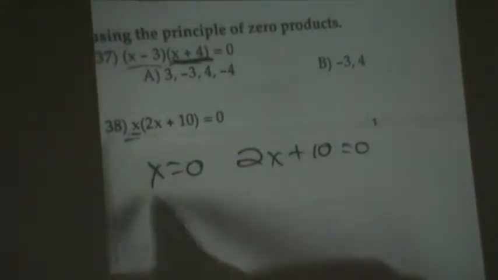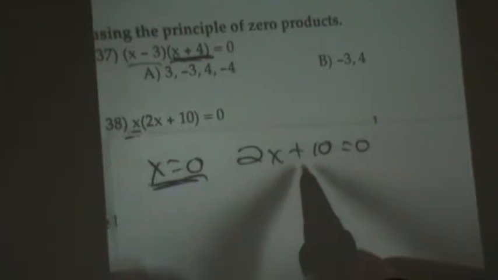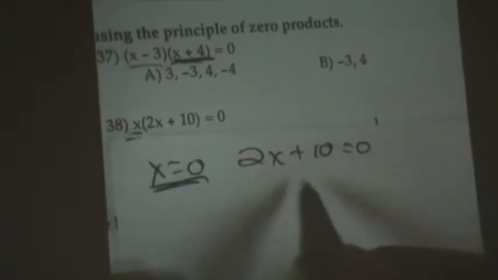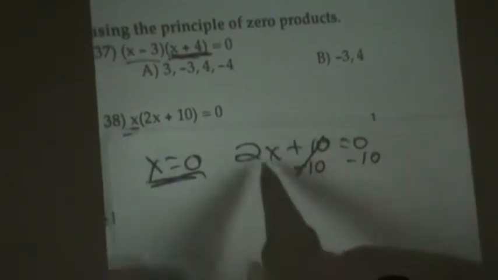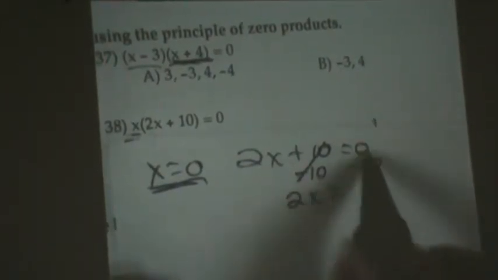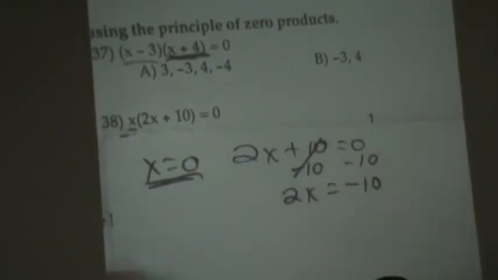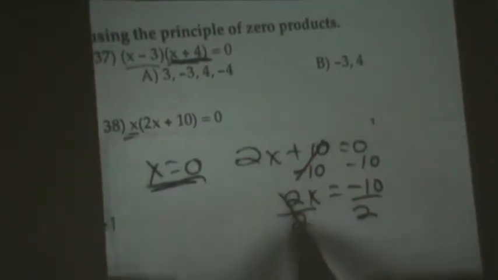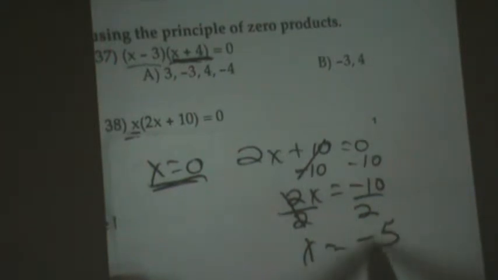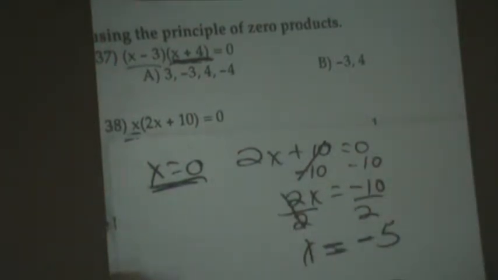This one's already solved. This one you need to solve for x. Subtract 10, bring the 2x down. 0 minus 10 is negative 10. Divide by 2. So x is negative 5. Okay?